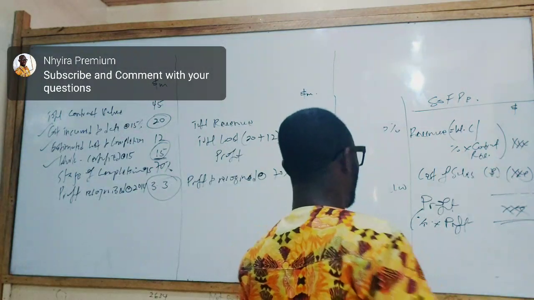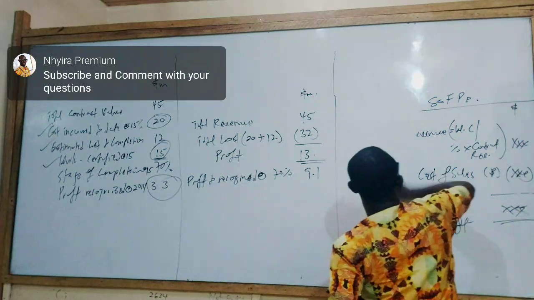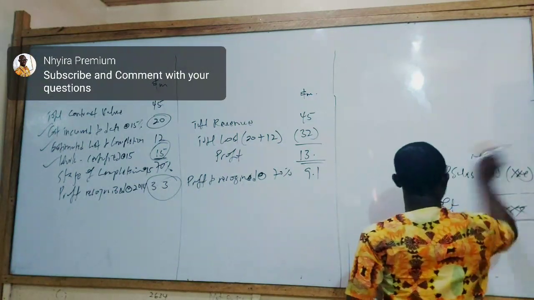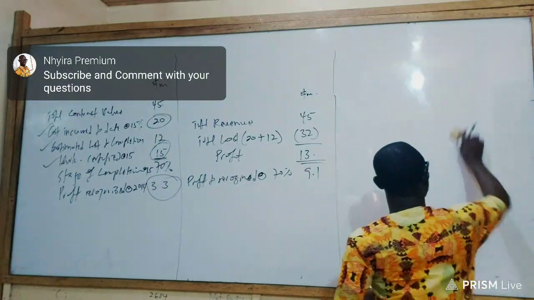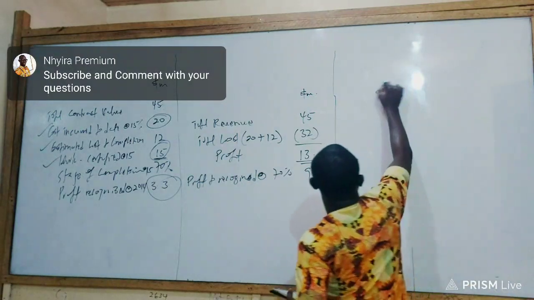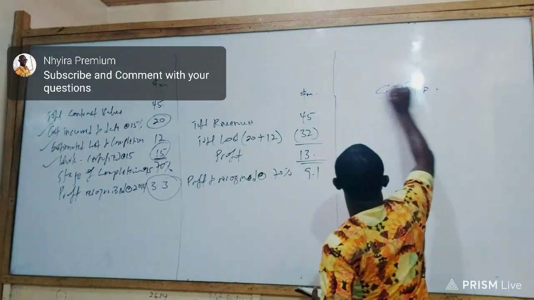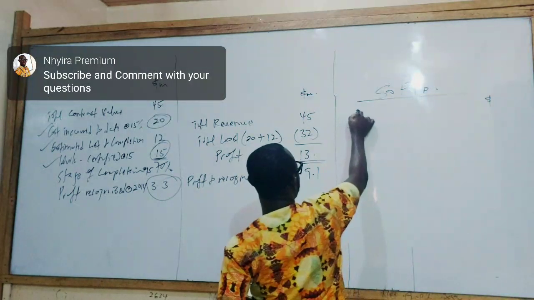So let's put our income statement down. So the statement of financial performance. So we're going to have revenue.